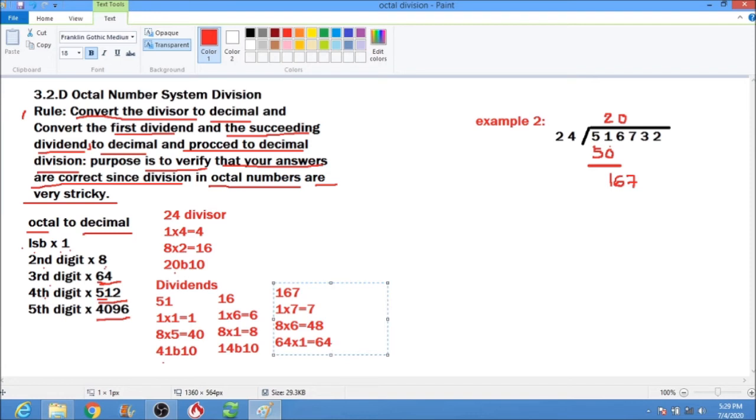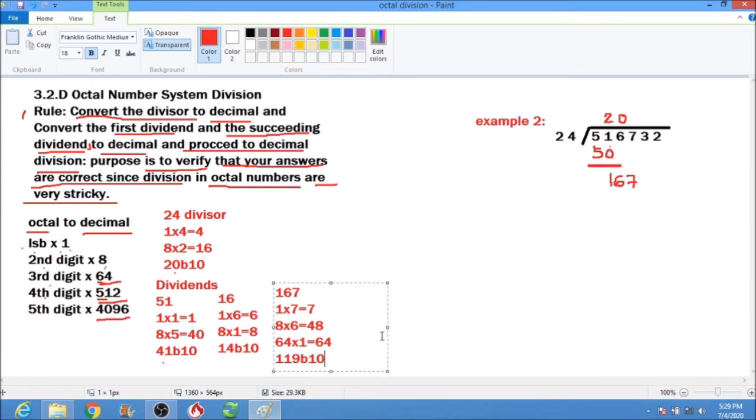Okay, so then we add 64 plus 7, and that will be 119 base 10.